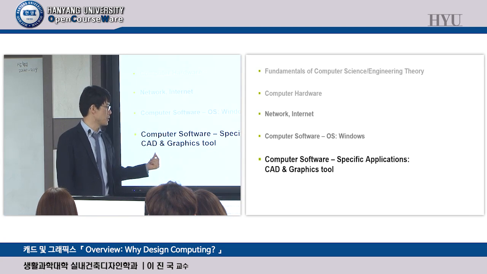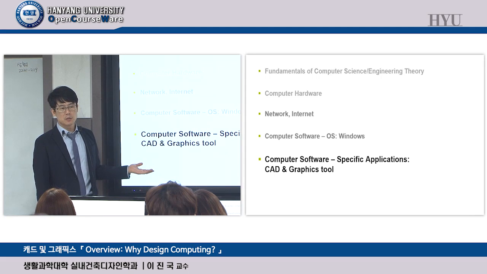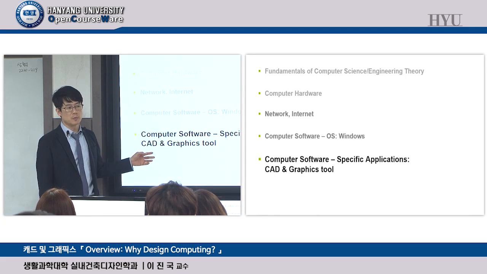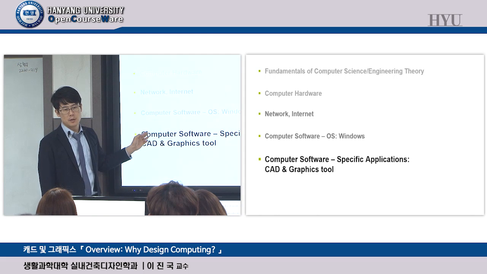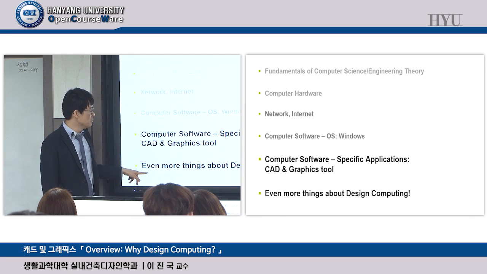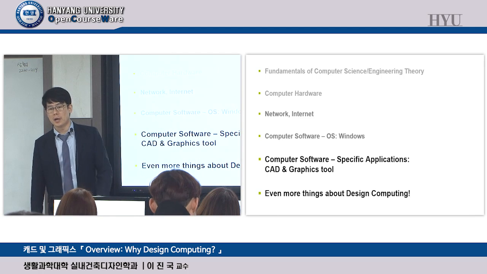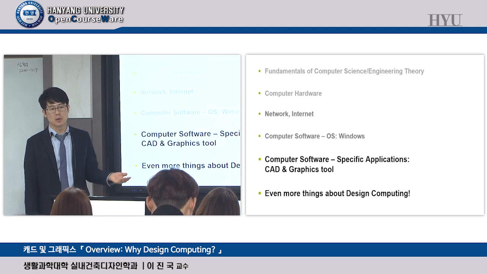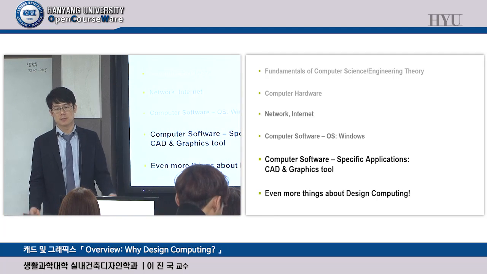The course title is here, CAD and graphics, okay? But not only CAD and graphics, but also some other things, including those things. What if the next phase is there? Even more things about design computing. Okay, I told you something about machine learning at a very high, brief level.